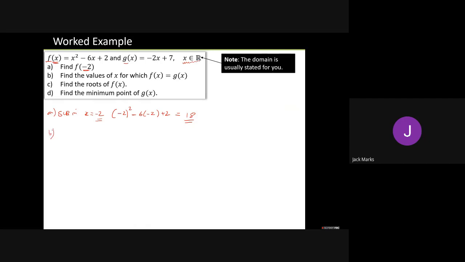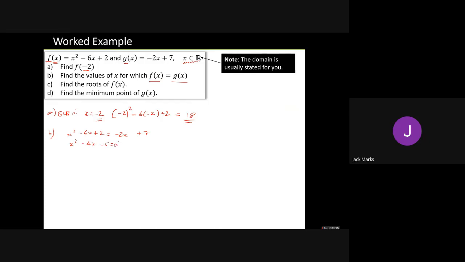Part B. What values are the rules equal to each other? So just as you would expect, we need to set these equal to each other. So x squared minus 6x plus 2 is equal to -2x plus 7. This is a quadratic. To solve quadratics generally, we move all the terms to the same side. So this will be x squared minus 4x minus 5 equals 0.